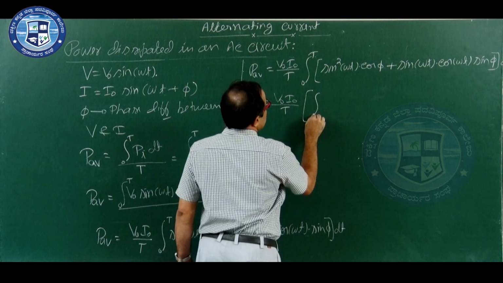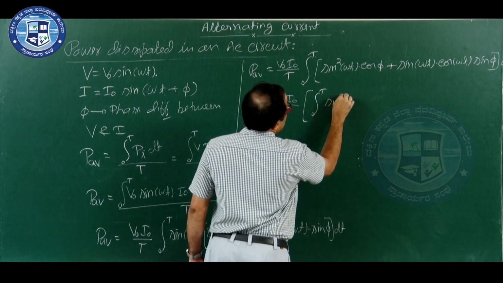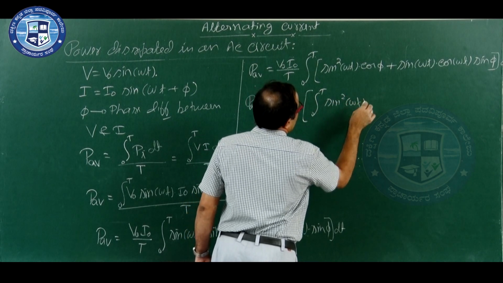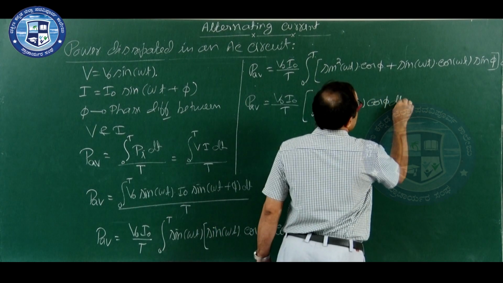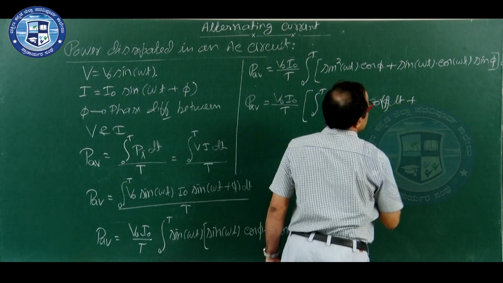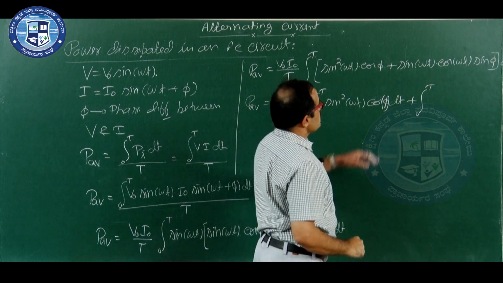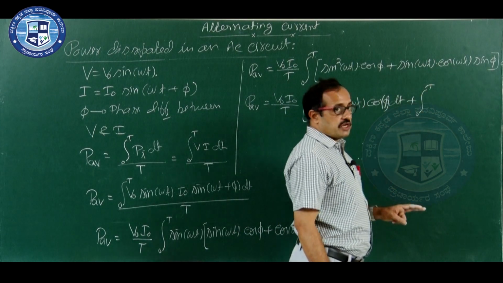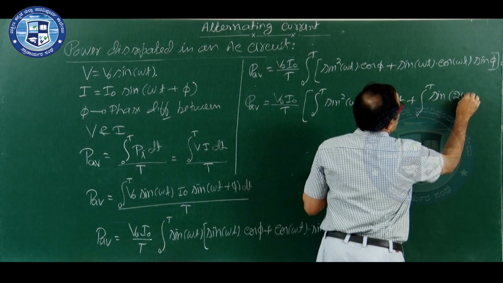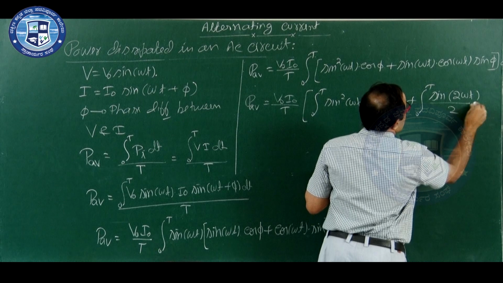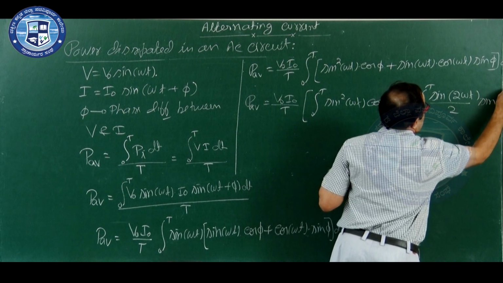Therefore, it is integration 0 to T, it is sin square omega t cos phi dt plus integration 0 to T, it is nothing but sin theta into cos theta. I already said it is sin 2 omega t by 2 into sin phi dt.